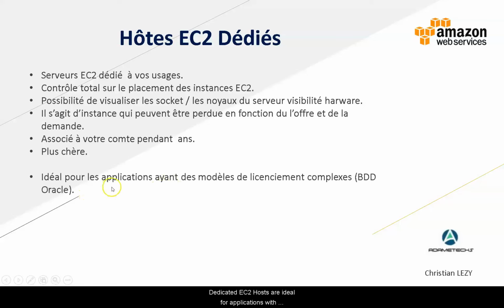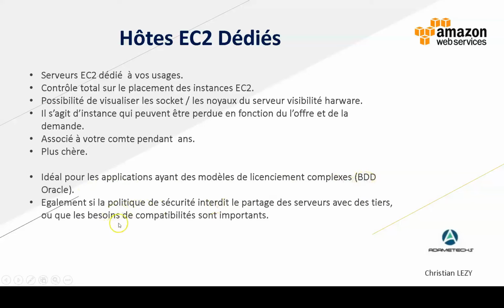Dedicated EC2 hosts are ideal for applications with complex licensing models, but also if the company's security policy prohibits sharing server with third parties, or if compatibility needs are important.